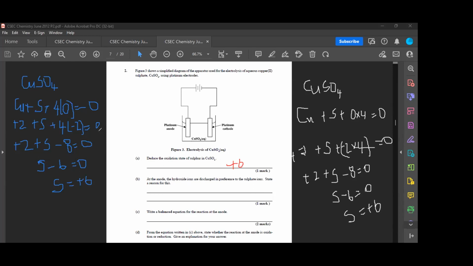Sir, question, could they ask you to deduce the reduction state? Or is this oxidation state? No, oxidation state. Reduction state in its technical term is not something that you explore. You may end up looking at it at CAPE, but it's not called a reduction state. It's an equation that is written in its reduction order.